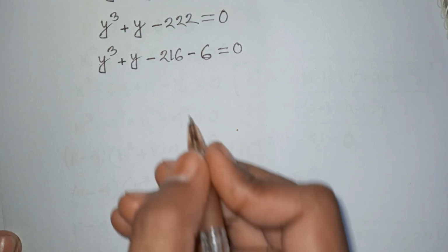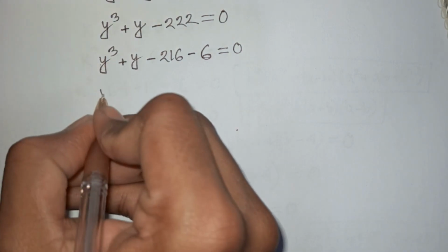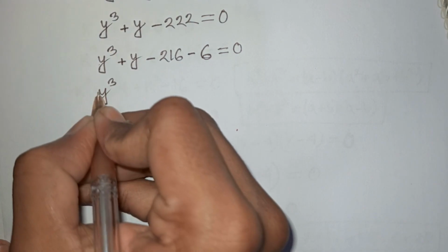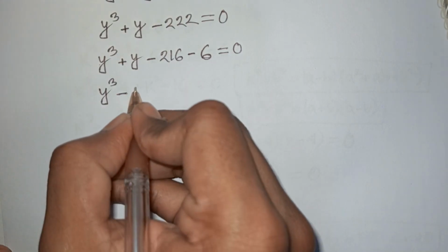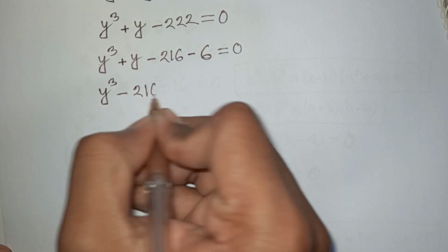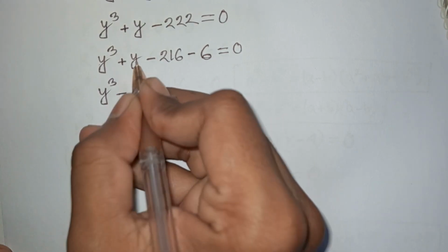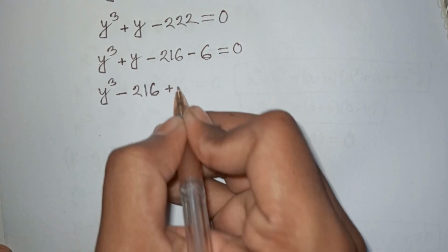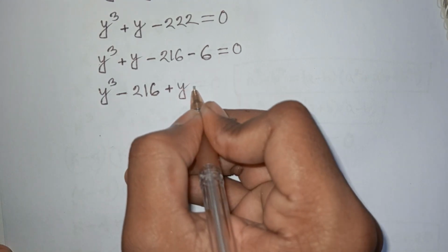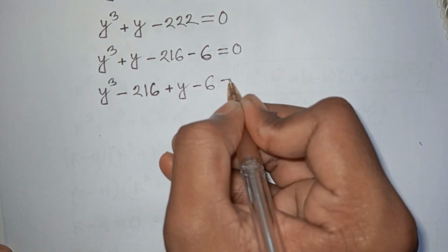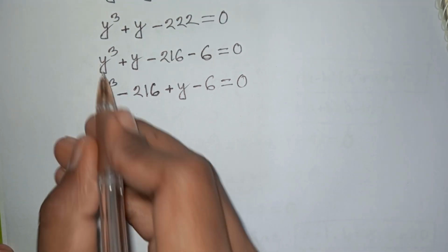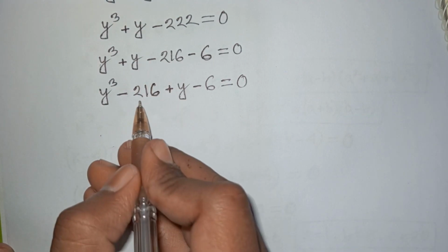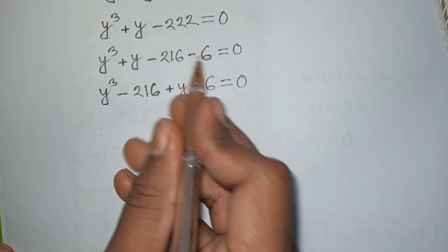In the next step, we have y cube, then minus 216, then plus y minus 6 is equal to 0.